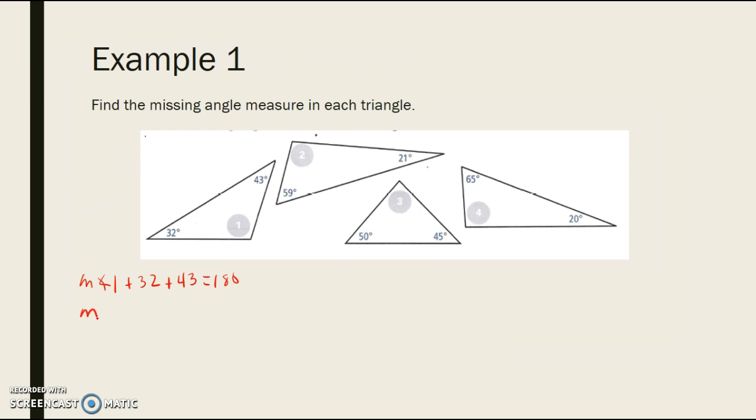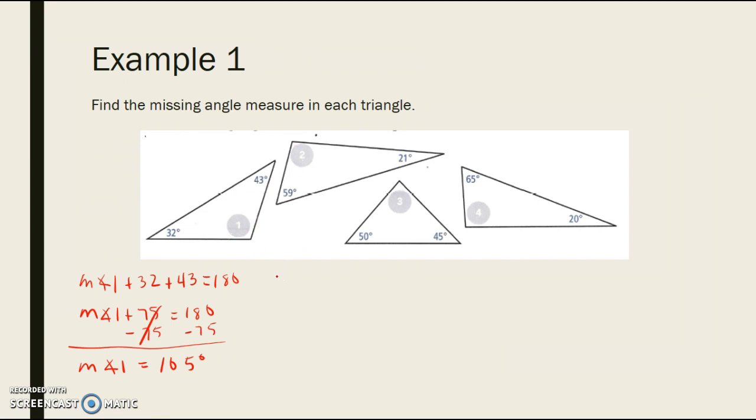So we have the measure of angle 1 plus 75 will equal 180. In order to solve for the measure of angle 1, I'm going to subtract 75 from both sides. So the measure of angle 1 will equal 105 degrees. And so that's my answer for this first triangle.